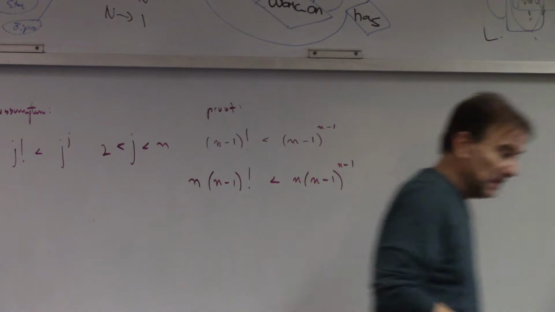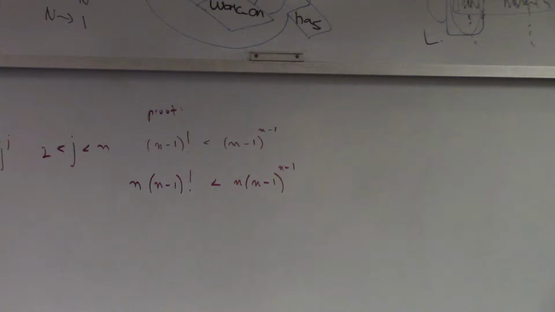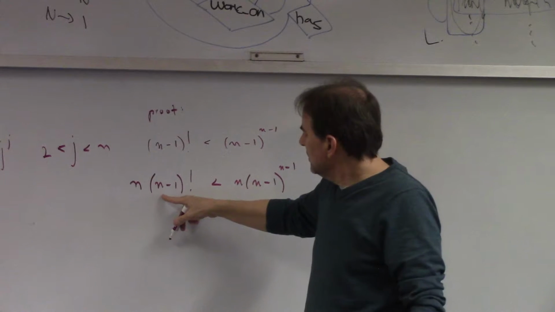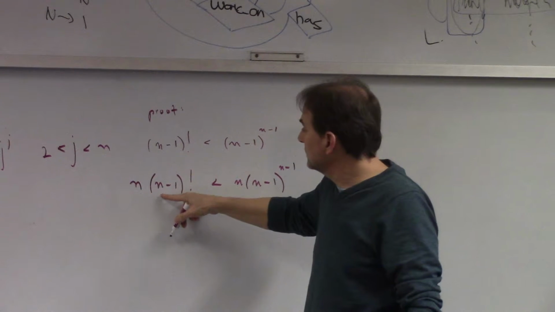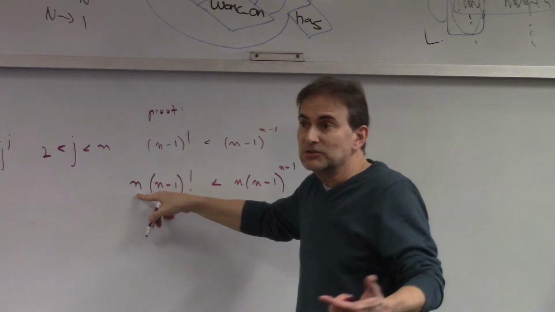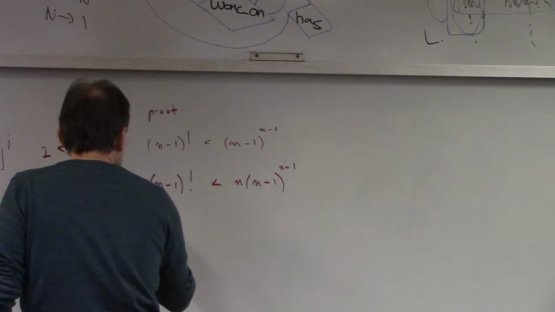Right? Now, one of my sides is looking very, very good. Which side? Left. The left side looks very good, because n minus 1 factorial is a product of n minus 1 down to 1, so when I put an n in front of it, that turns it into n factorial, which is exactly what I'm trying to get.